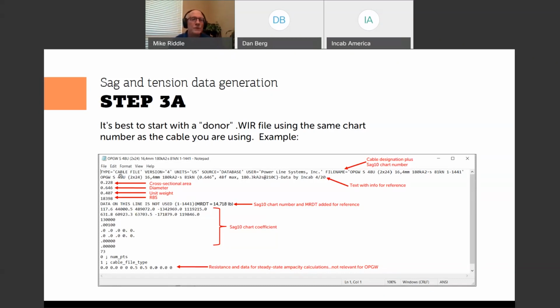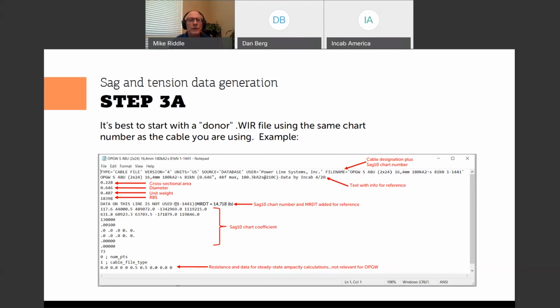What the program is really using are these numbers here and these numbers down here, and we'll talk about them in turn. So first you have the cross-sectional area, the diameter of the cable, the unit weight, and the rated breaking strength. This line is another text line that appears, and it's 100% consistent among manufacturers.